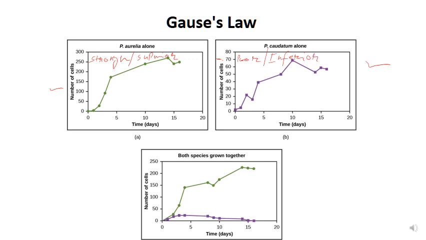When they were grown individually, they grew well, but when both species were put in a single tube, or a single habitat, you can see that one species, aurelia, is going up, but caudatum is going downward, or looking poor in terms of survival, because both species were grown on a fixed amount of resources, and here the resources were nutrients.